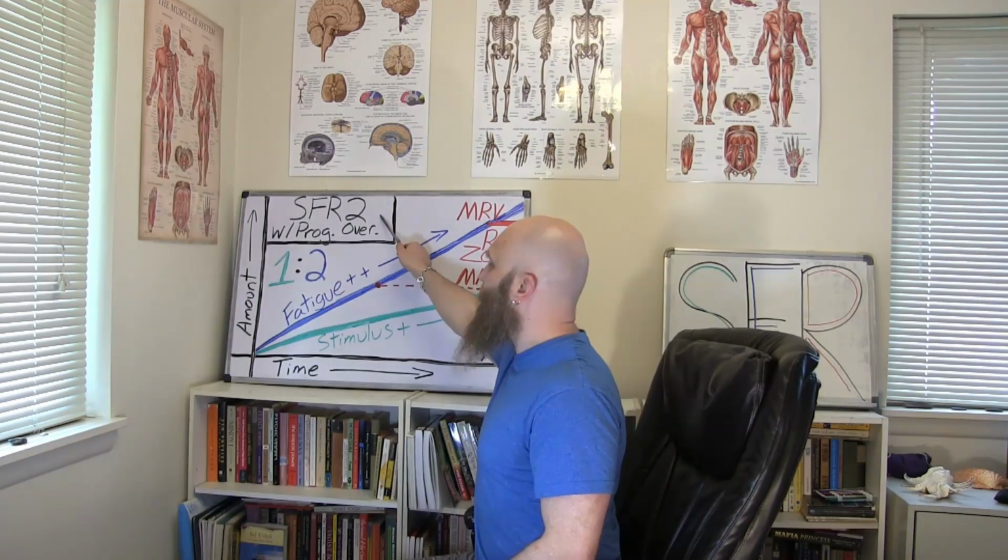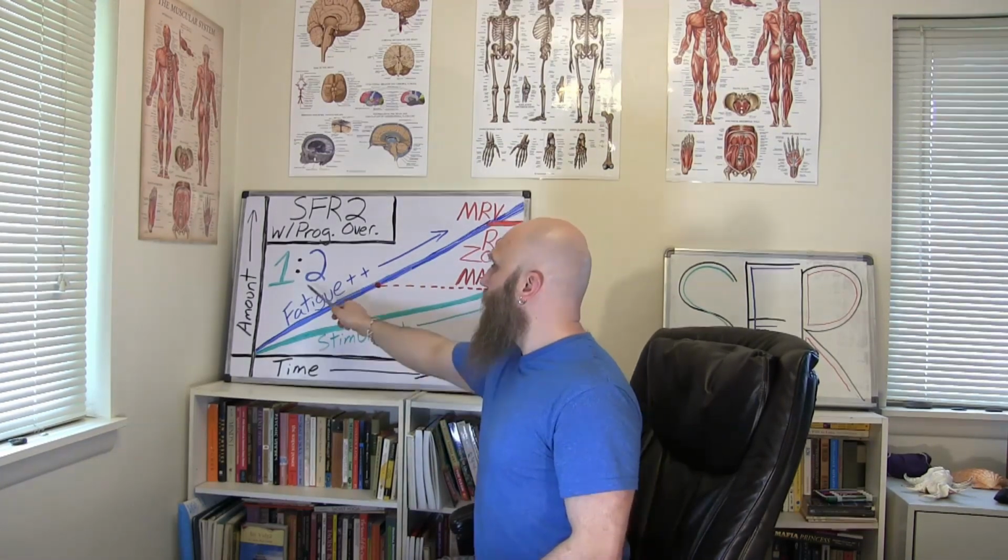Okay, so the stimulus to fatigue ratio is the ratio that you are generating of each in relation to one another, which we can actually place a numeric value on, which I'm going to be teaching you about later. This graph represents an SFR 2, or a 1 to 2 stimulus to fatigue ratio, meaning that for every unit or measure of stimulus, you get 2 measures of fatigue.